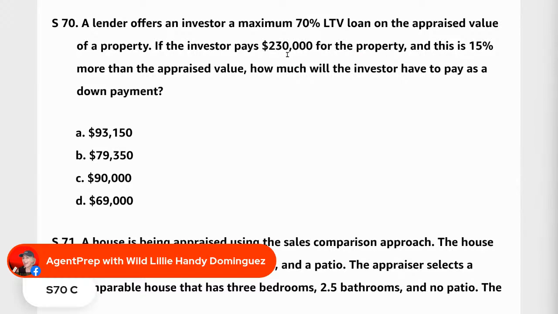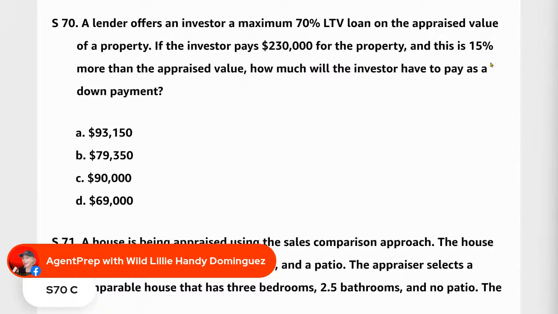We have the part, 230, and on the bottom of the T formula we have the whole times the rate. So we're dividing not by 15%, not by 85%, but by 115% of the property value.